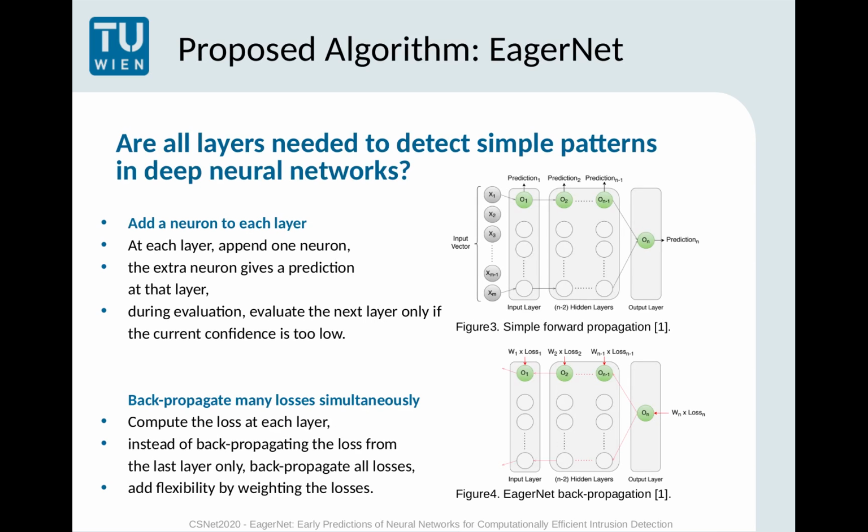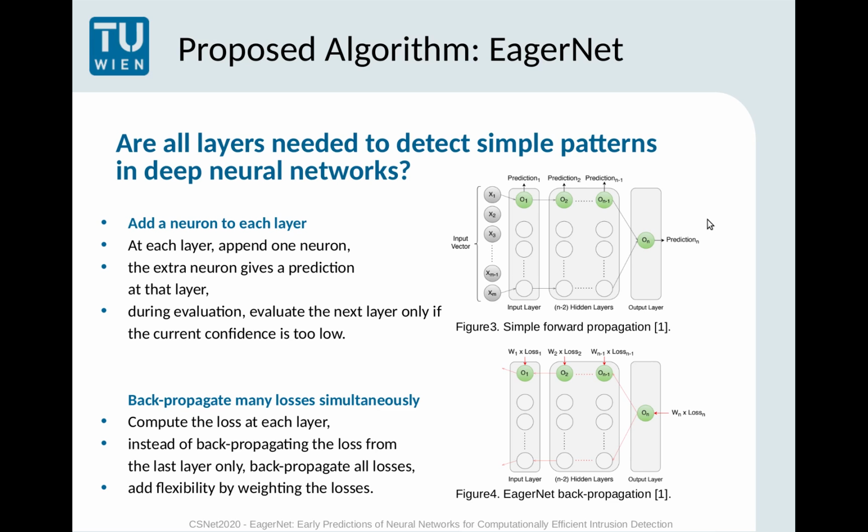So what we do is basically we add a neuron to each layer. So we take a simple feed forward architecture, and then we add a neuron to each layer. And we call this neuron O, which means output. So basically we add an output to each layer, and we would have then many outputs at the end.